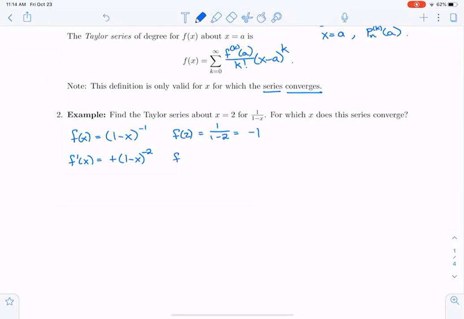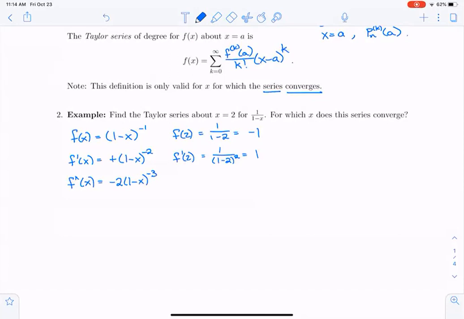And so the derivative at 2 is actually 1 over 1 minus 2 squared. That's a negative 1 squared, so that's 1.